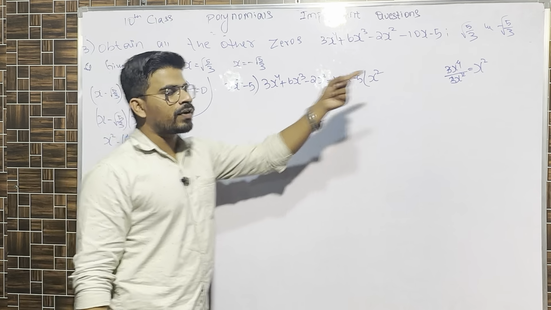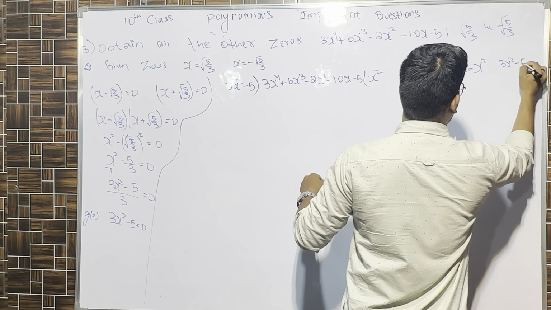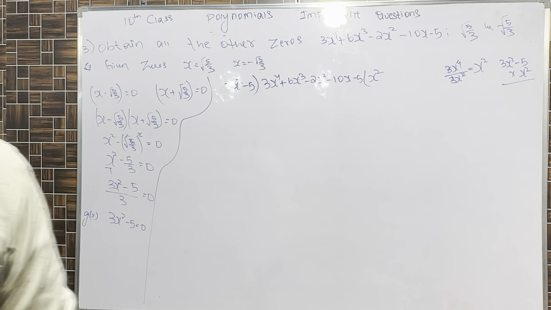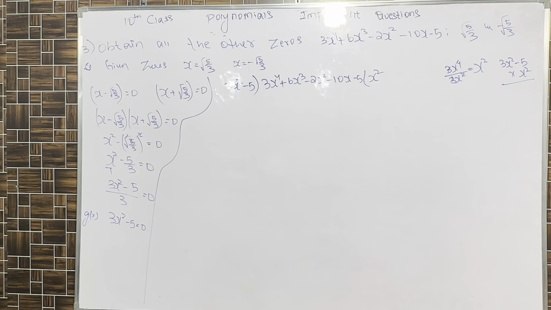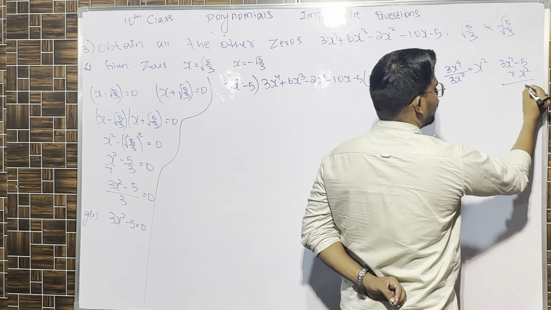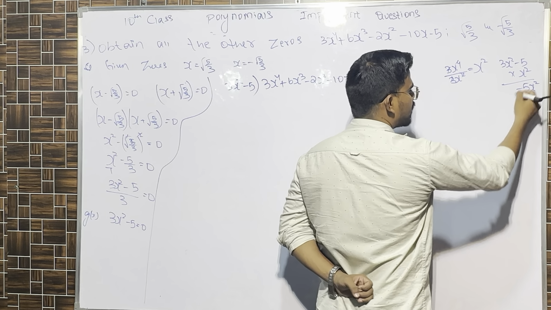Next step, multiply 3x square minus 5 with x square. X square into 5 is 5x square, plus into minus, minus.